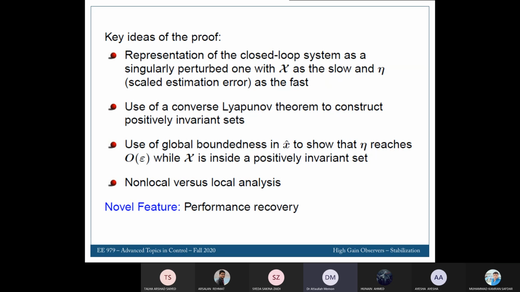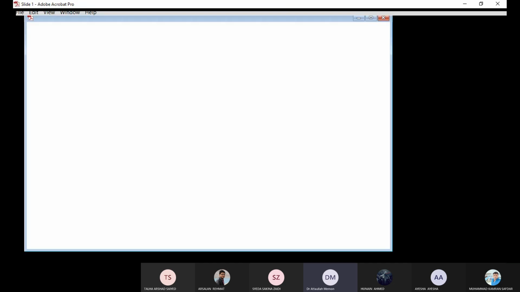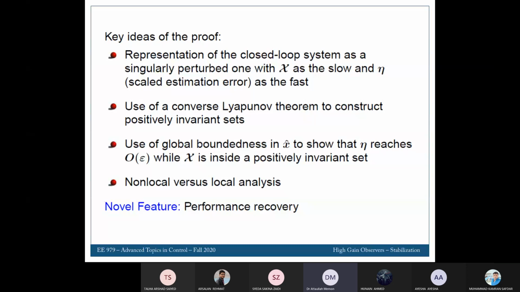Then use the global boundedness approach to show that the difference between the estimated value and the actual values approaches a very small positively invariant set and reaches a value close to epsilon, which is small enough or approaching zero, in finite time.